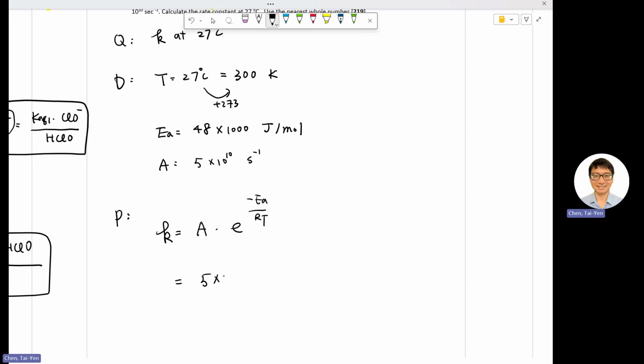A is 5 times 10 to the 10th power times exponential. EA is 48,000. R is, what's R used? Yes, 8.314. Okay, make sure you know it's 8.314 times 300. Okay, so once you do this calculation, you will get a value, and that will be your answer. Okay?